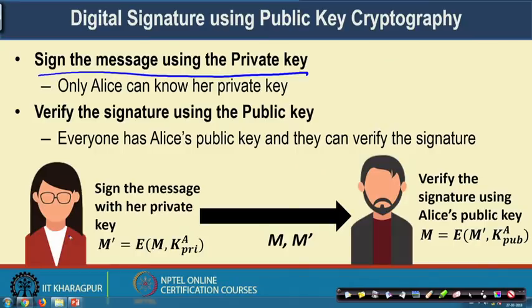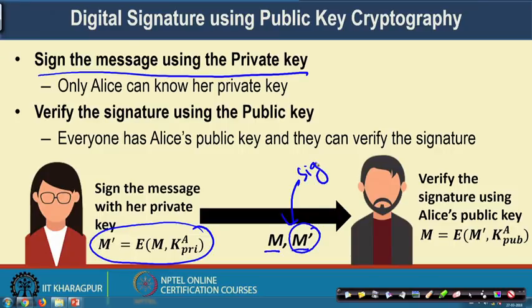So, whenever Alice is transferring some message to Bob, Alice signs the message with her private key using this public key cryptography, and with the message she transfers the sign. So, here M prime, the ciphertext, works as a signature. So, you transfer the signature along with the original message.